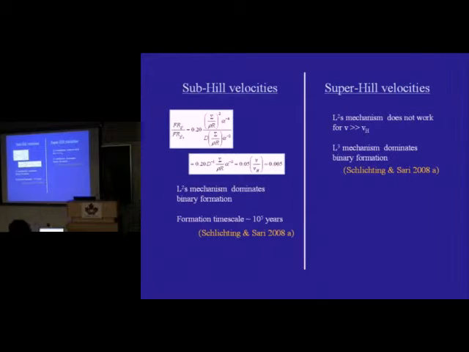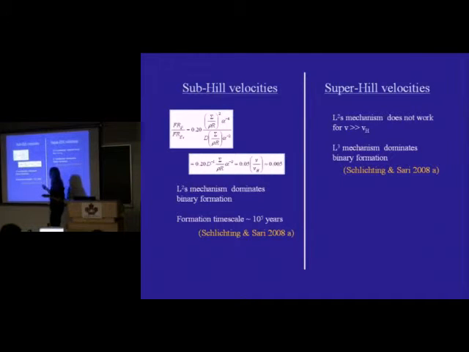And we have shown that if you compare the formation rate for a three-body encounter to that of forming binaries with dynamical friction, forming binaries by dynamical friction will always dominate over three-body encounters in the subhill velocity regime.